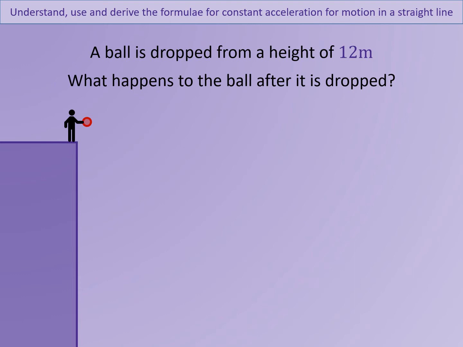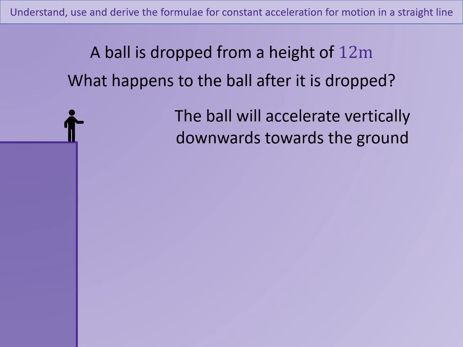We're now going to consider what happens if an object is falling. So a ball is being dropped from a height of 12 meters, and we want to consider what will happen after the person lets go. As you can see, the ball started at rest and it accelerated vertically towards the ground.